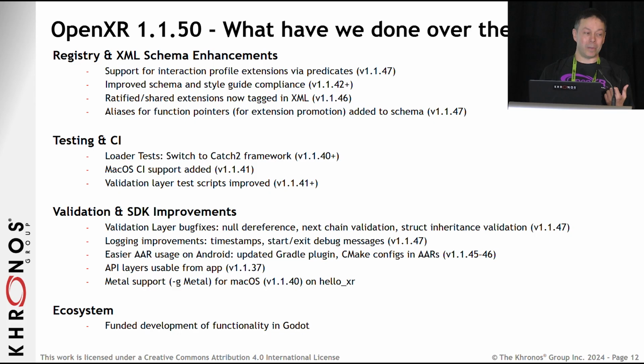We did some registry and XML schema enhancements, and this might sound a little bit weird, but this is the tooling that we use in order to generate the headers, generate the spec, and work on the spec. For testing and CI, we switched to Catch2. We also added Mac to the CI environment, since we currently also have a graphics binding for Metal.